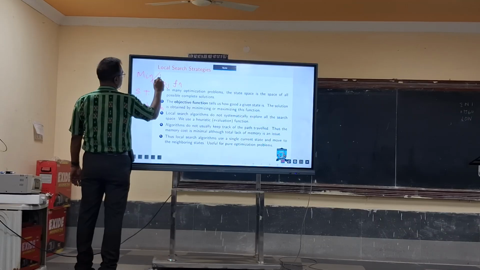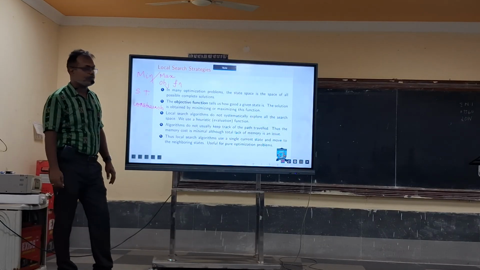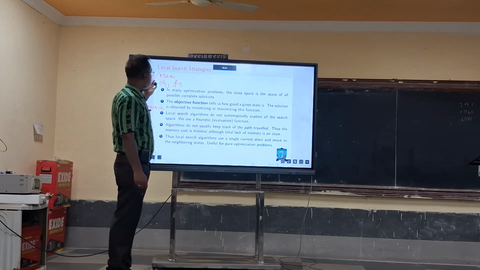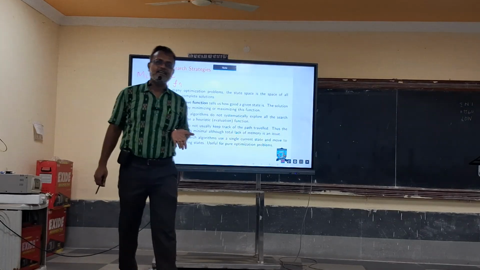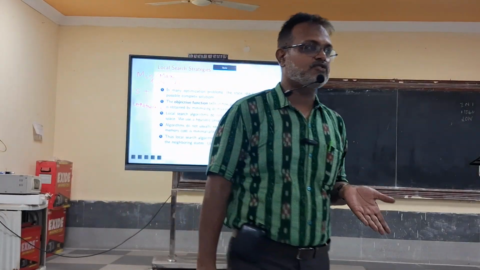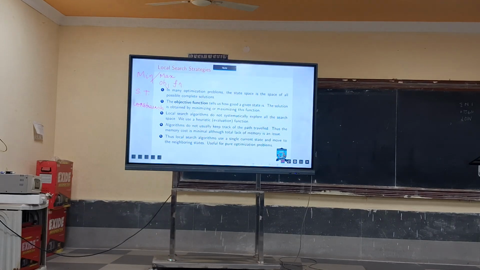In fact, this can be minimize or maximize: minimize cost or maximize profit. For example, maximize your class attendance subject to all the constraints you are facing, maybe hostel issues, personal issues, sleep issues, whatever. Those are all the constraints, and you have to maximize attending the classes.